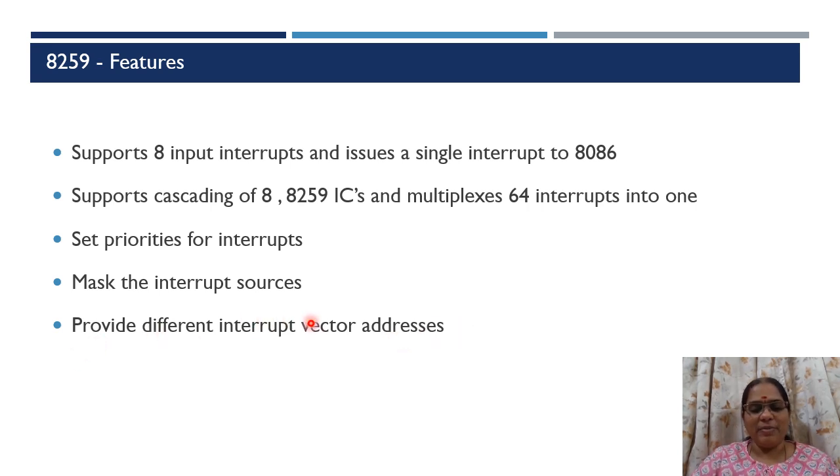If a particular interrupt occurs, you have a sequence of program to be executed for that interrupt, which is stored in memory. The starting address of that interrupt service routine is stored in a table called the interrupt vector table, which holds the addresses of all your interrupts.